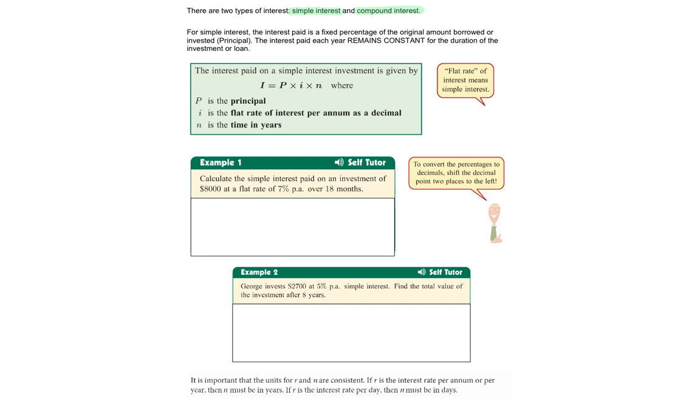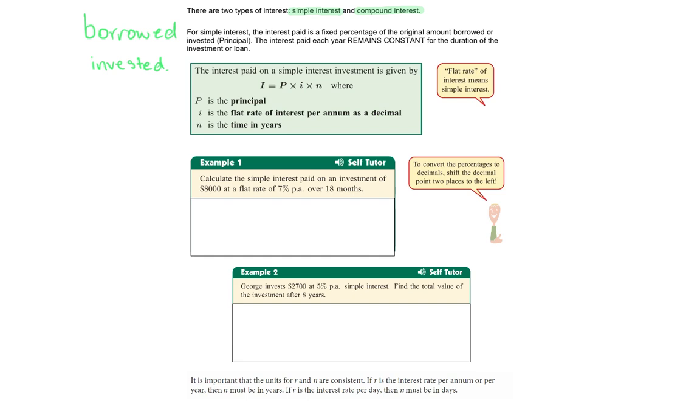That's not the case with compound interest, and we'll find that out later. You can pay interest on money that you borrowed, or you can get interest on money that you invested. It works out in the same way.